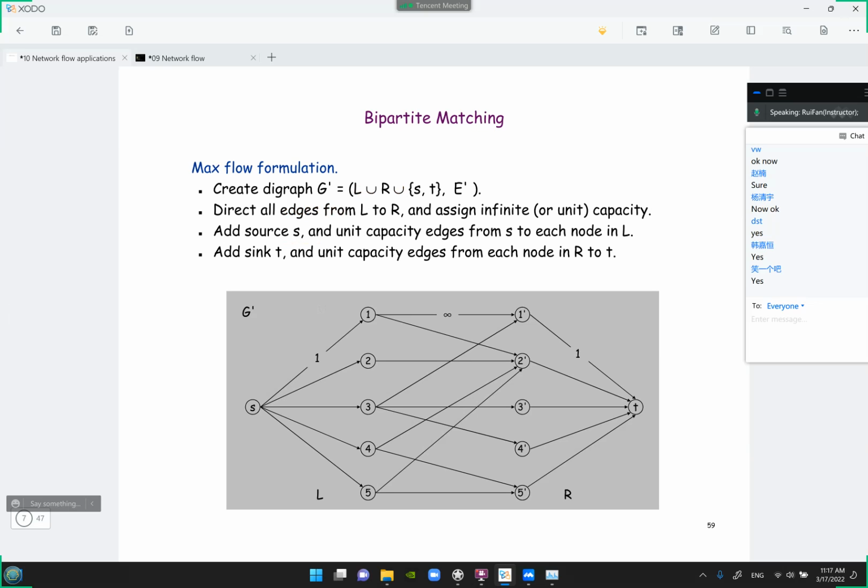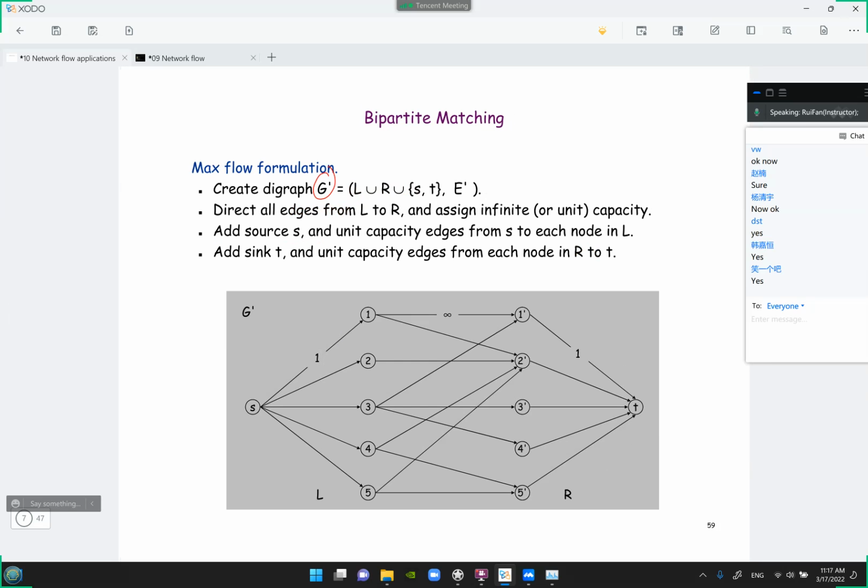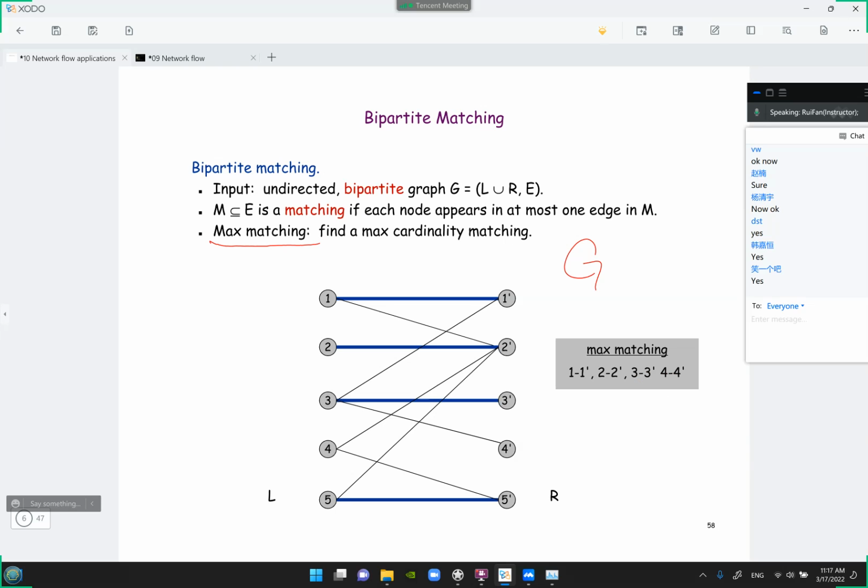We're going to form this new graph G prime. This is our G over here, and you're going to form a new graph G prime, which is almost the same as G. The only difference is that we're going to add 2 nodes, S and T, because in the original bipartite graph you don't have any other nodes.